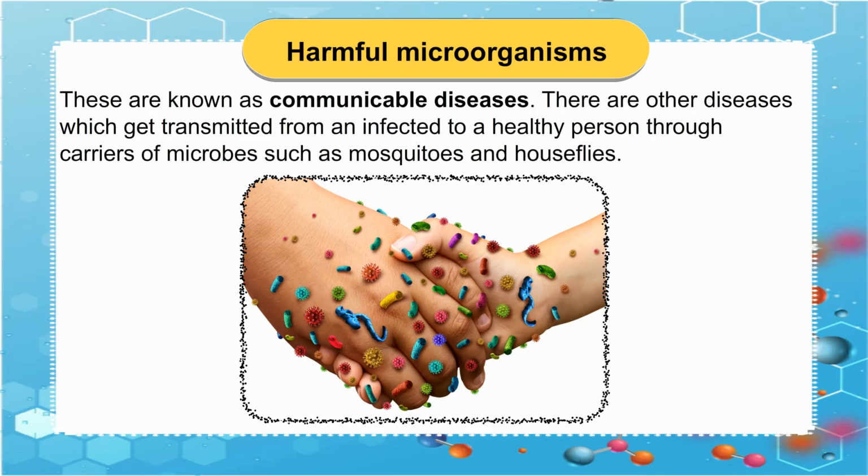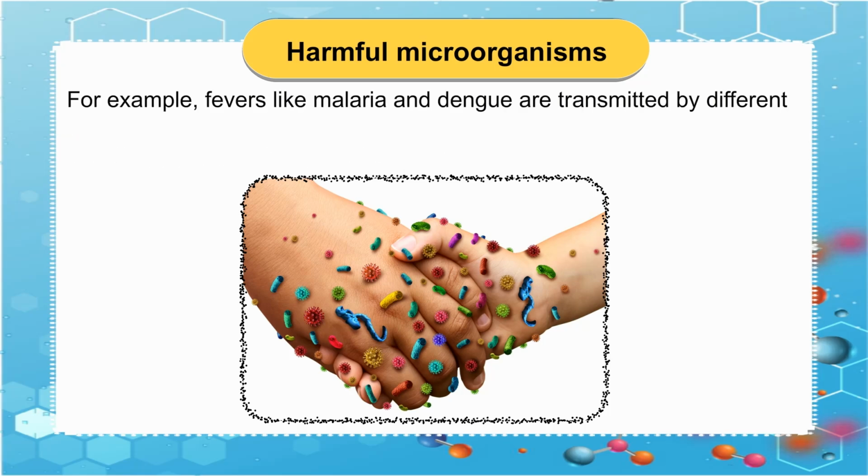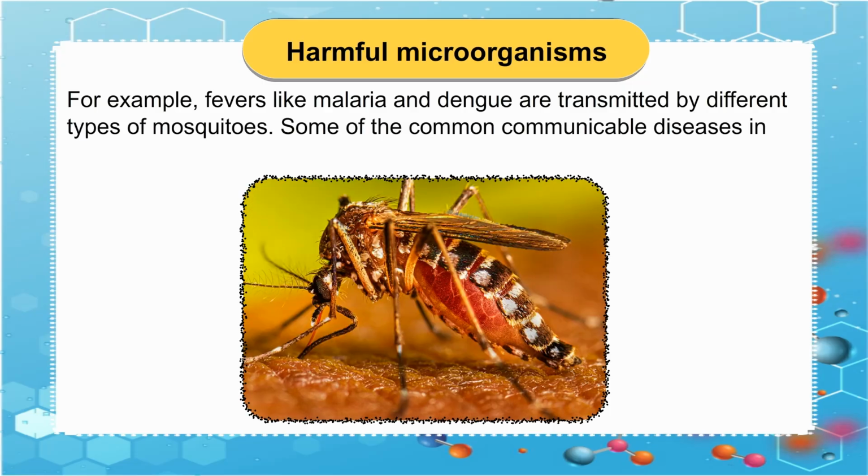Communicable diseases in human beings. Disease, mode of transmission, pathogen, preventive measure. Malaria: female anopheles mosquito, protozoan. Do not allow these to thrive in the locality.